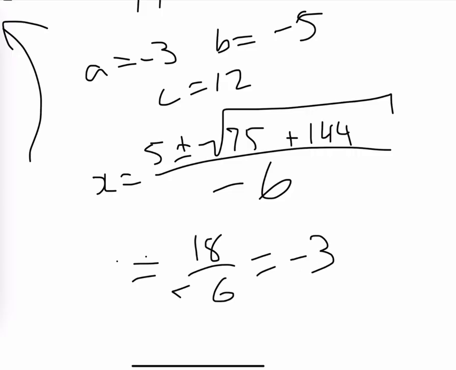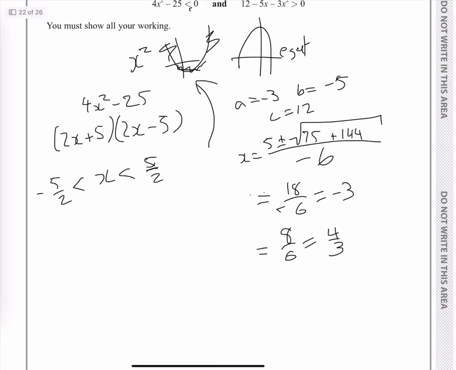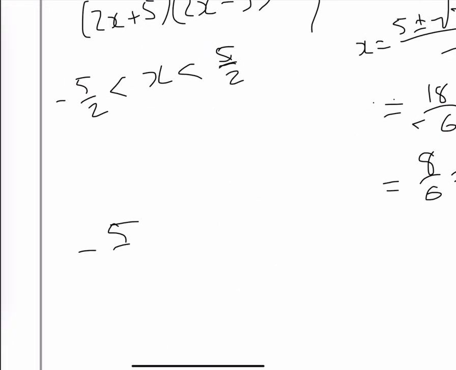And it would give me as my other value 13 minus 5 is minus 8. So that's 8 over 6 equals 4 over 3. So we need to take the smaller range, that will be minus 5 on 2 to x to 4 on 3, yes?